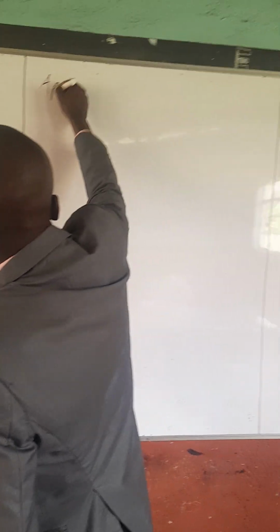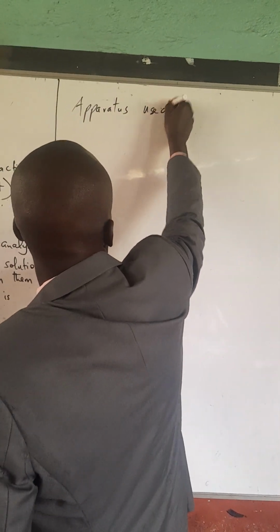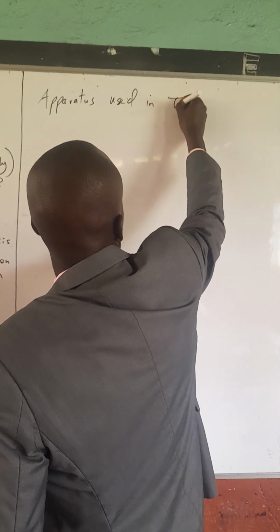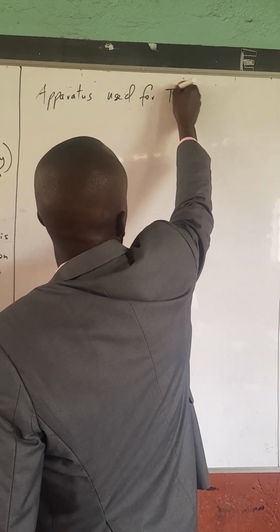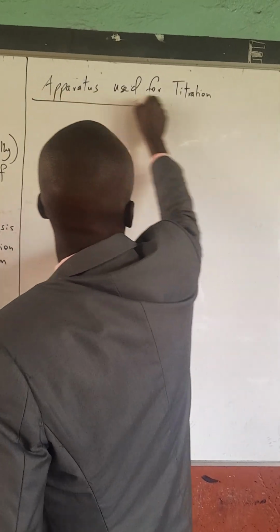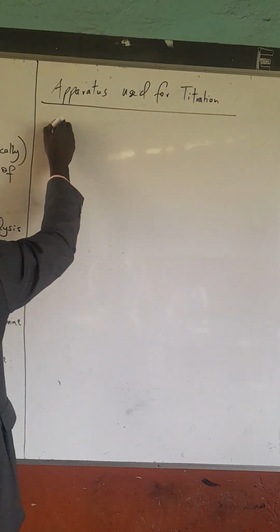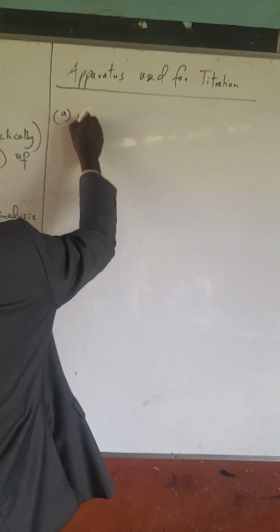Now, let us find out the apparatus that you are supposed to use in titration. We have the pipette.